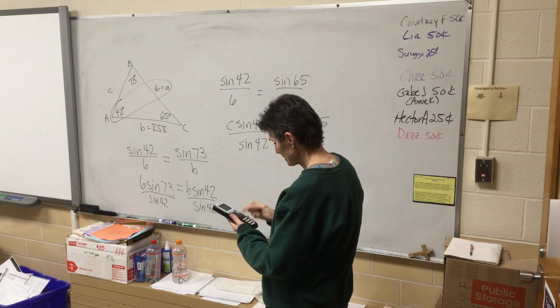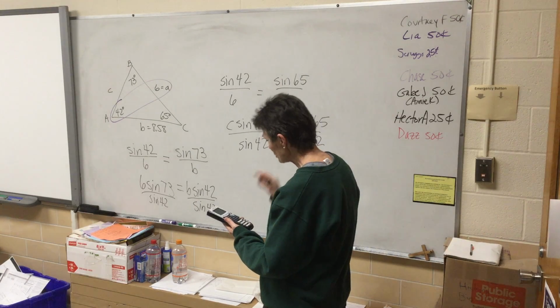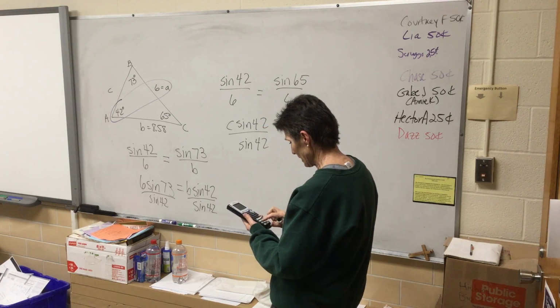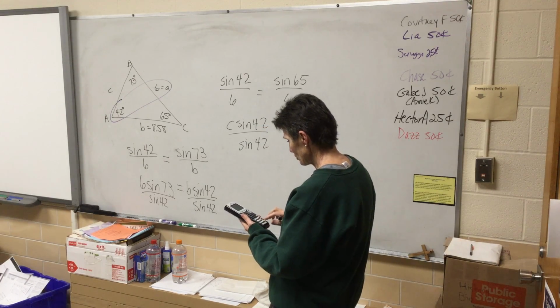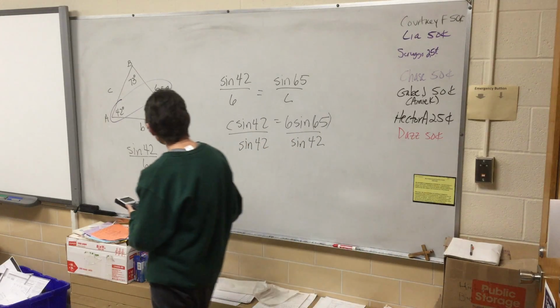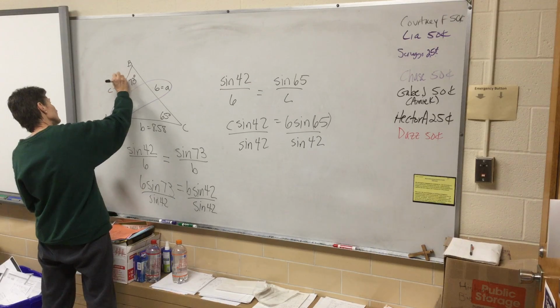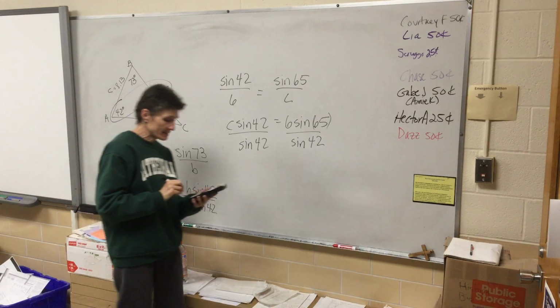So 6 sine 65, close parentheses, always remember to close them, divided by sine 42, 8.13 is what I got for side C.